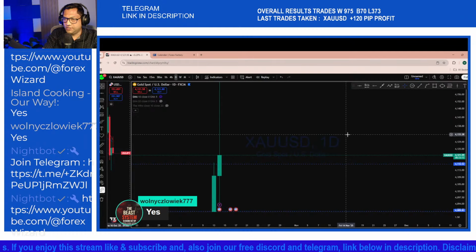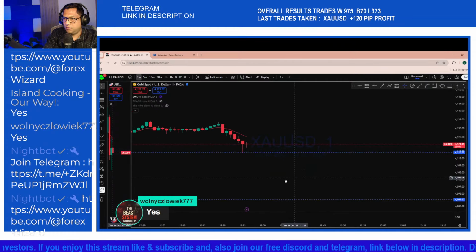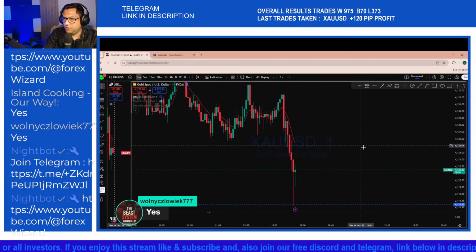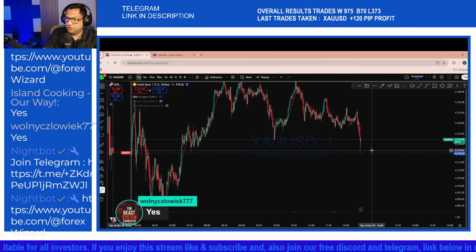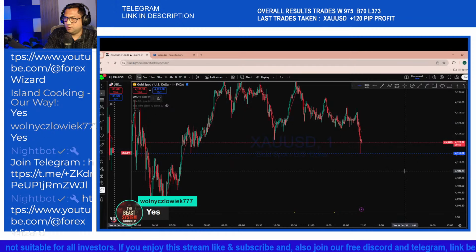The major trend here is up, so there's a complete break below this support. Looking at the bigger picture, there is an order block here in that area.